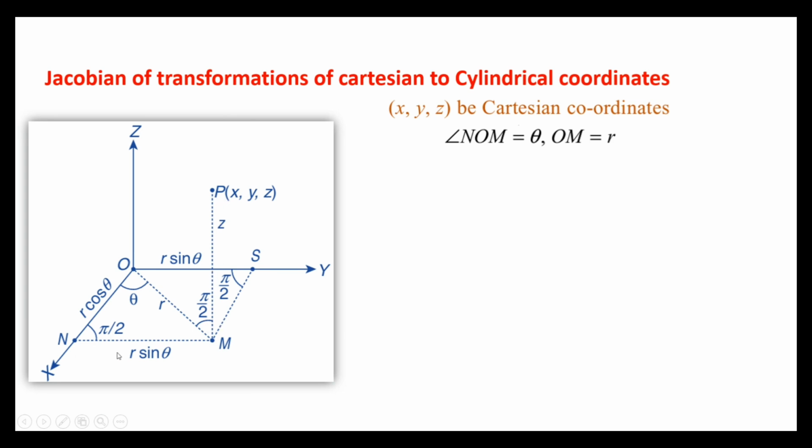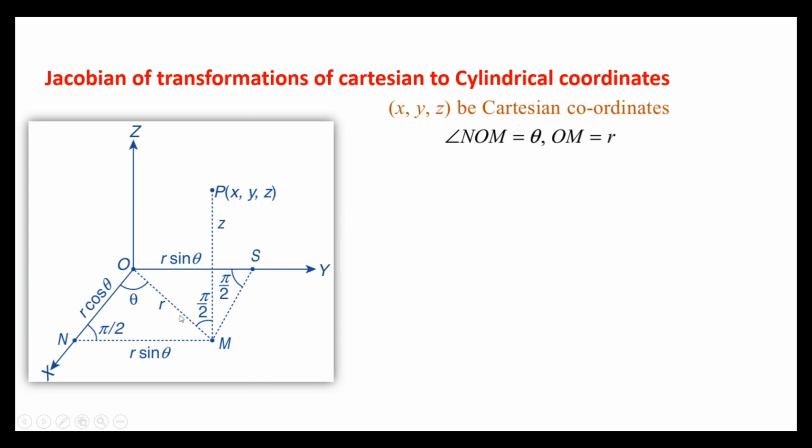From the point M, we can draw a line MN which is perpendicular to the x-axis, and also we can draw a line MS which is perpendicular to the y-axis. So these are important postulates regarding the Jacobian of transformation.